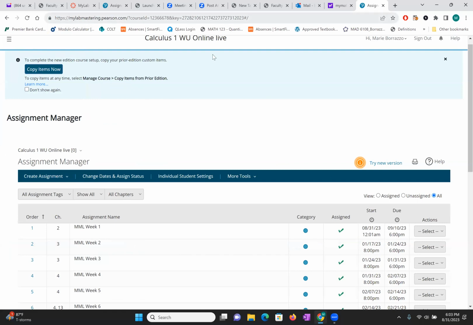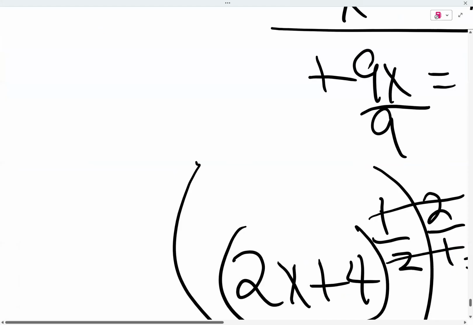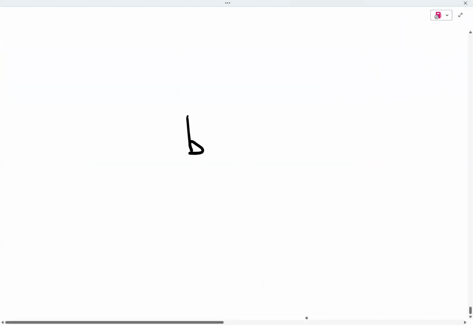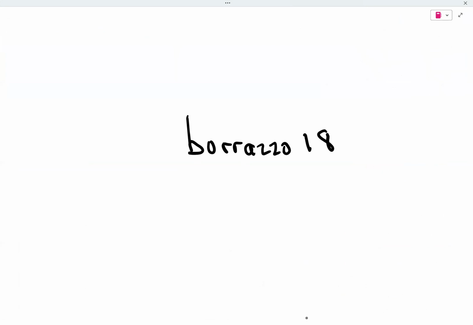And see if that works for you? I'll write it on the screen if it helps you to see it. So if you try BORRAZZO and it's 18363, you should be able to access my class or the class that we're in.